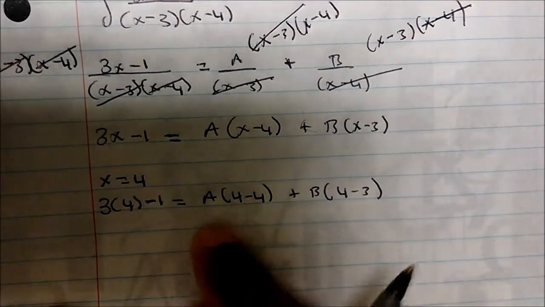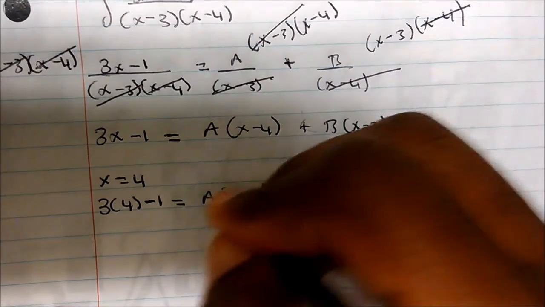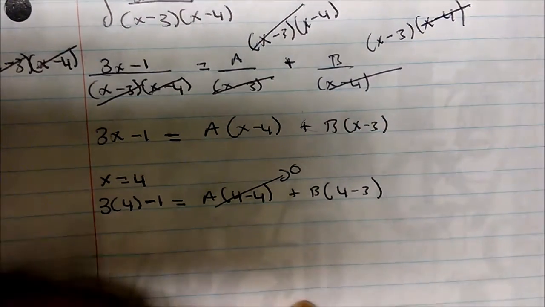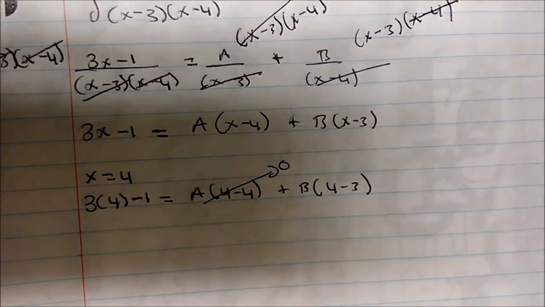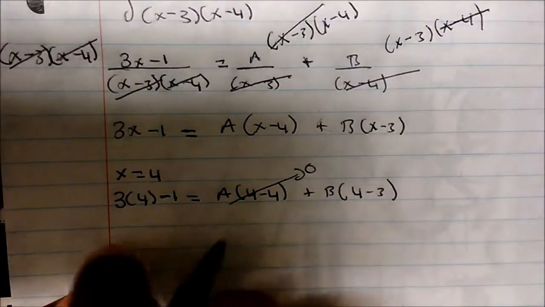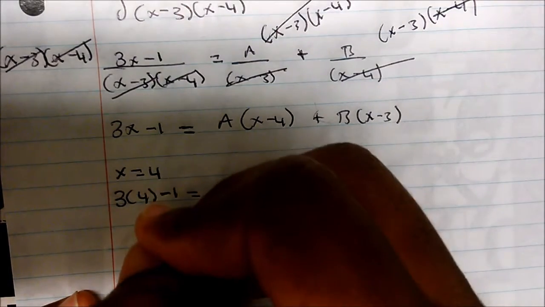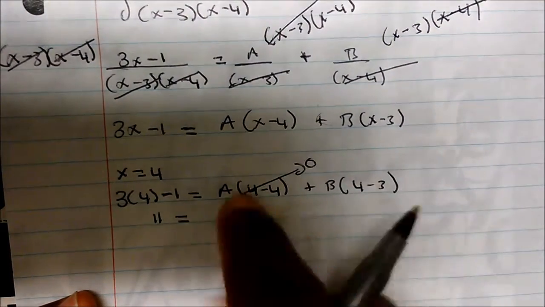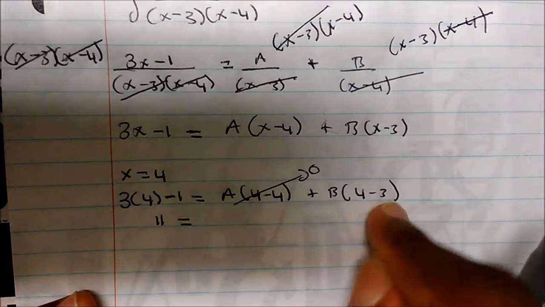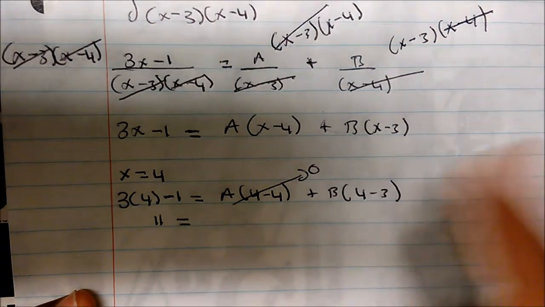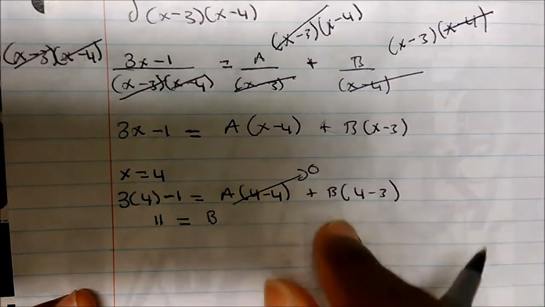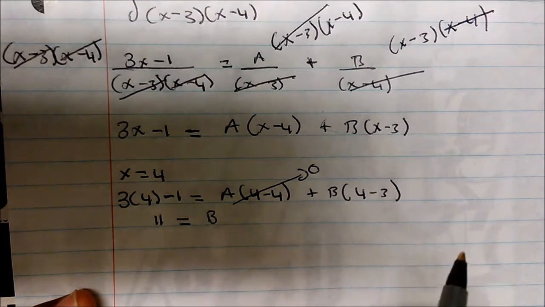Since 4 minus 4 is 0, we cancel out one of those terms. 3 times 4 is 12, minus 1 is 11, and 4 minus 3 is 1, so we have just b, which is equal to 11.